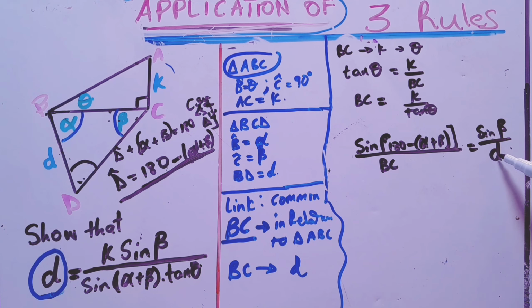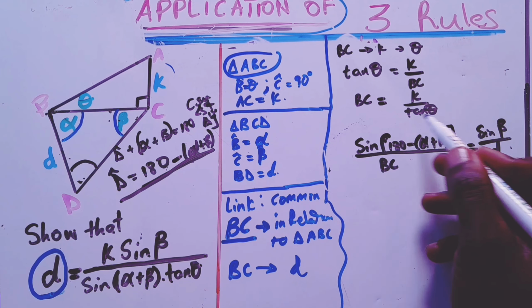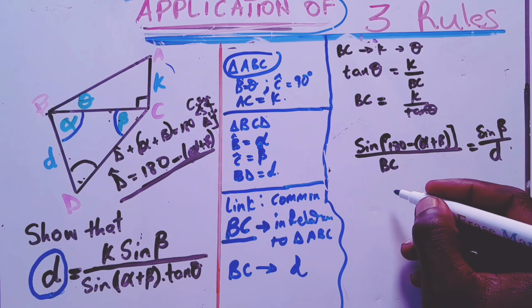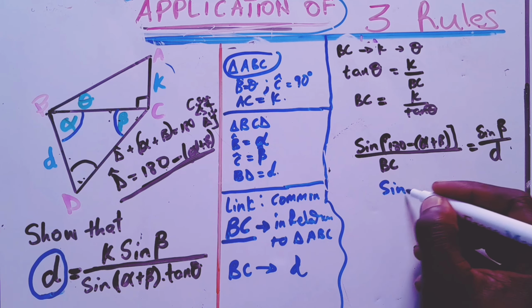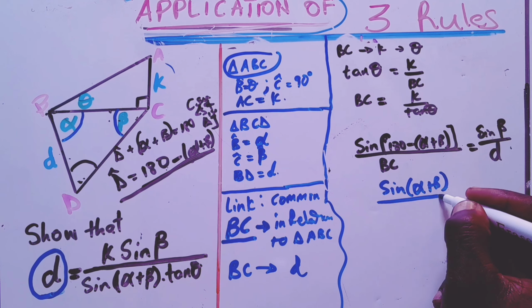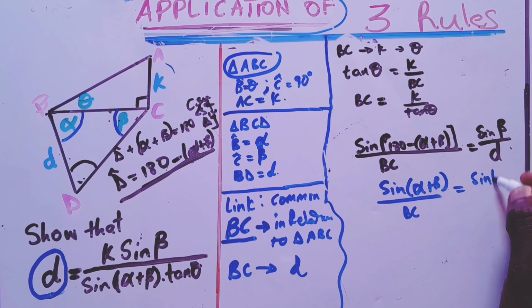But we're trying to make D subject of the formula. And before we can go there as well, from reduction formulas, we've learned that if we're having a situation like this, this is the situation in the second quadrant, so sine becomes positive, right? So this is sine alpha plus beta over BC should be equals to sine beta over D.